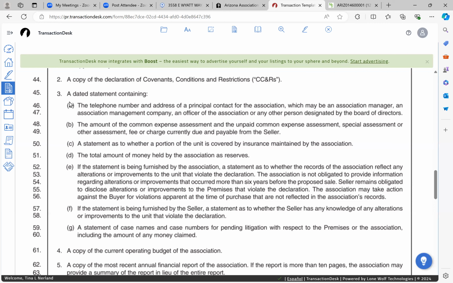And I went back to title and I said, wouldn't this have been something that the association would have informed us of? Because the HOA is required to do a visual check on the property to make sure that there are no current or outstanding violations, and they would have had to inform us of that prior to closing.